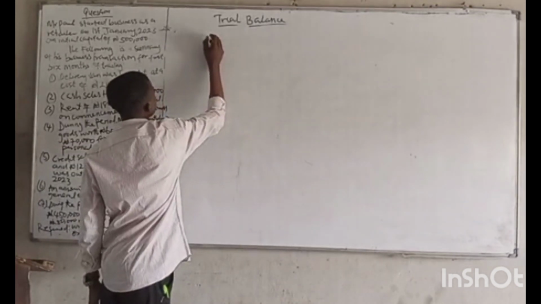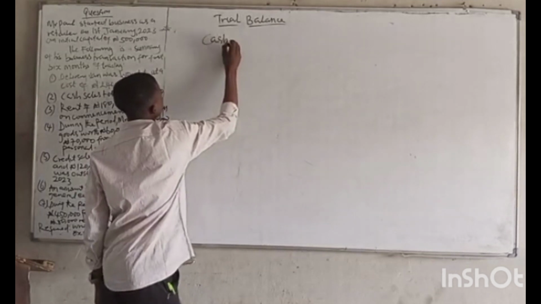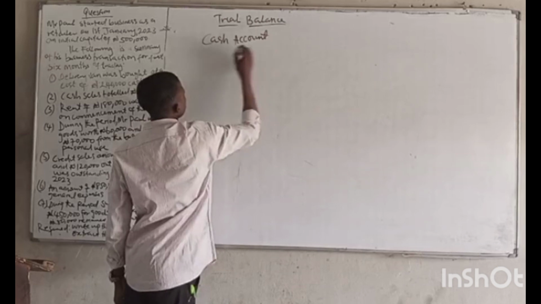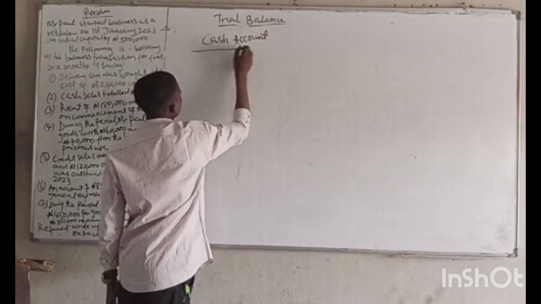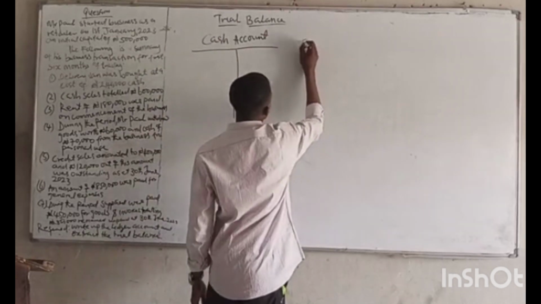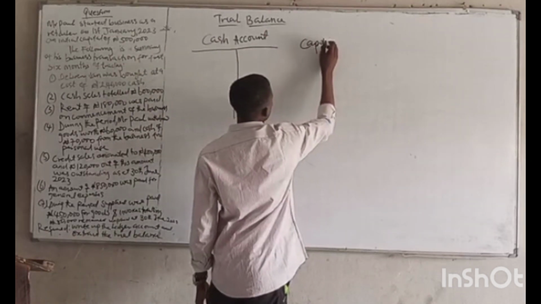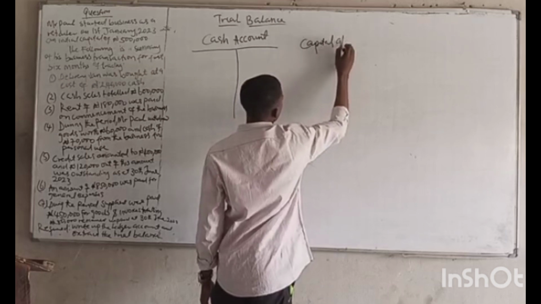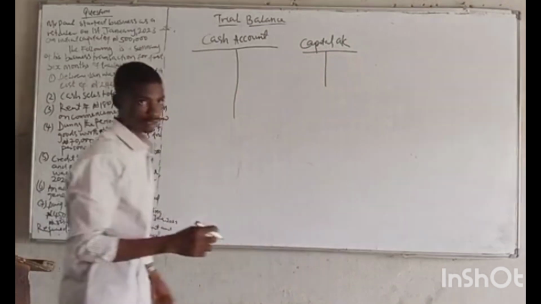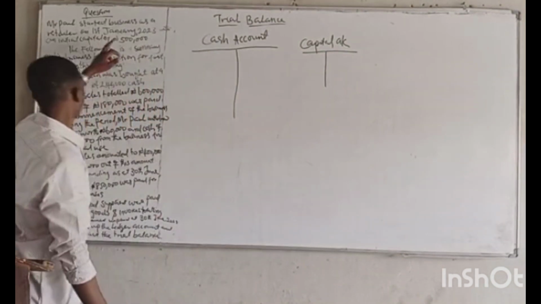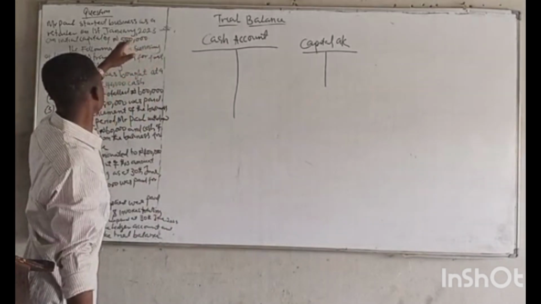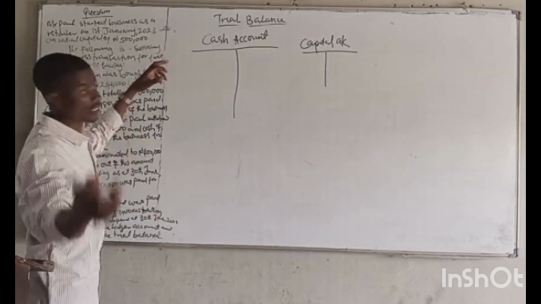You have the cash account and then the capital account. When cash is increasing, you debit, and capital always has a credit balance.